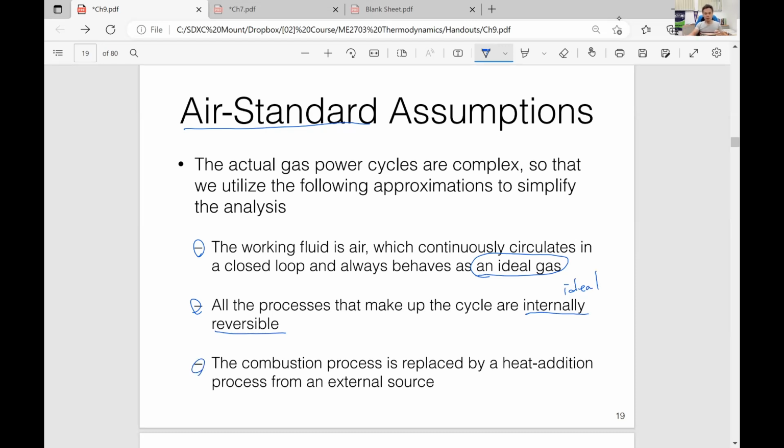The combustion process is replaced by a heat addition process from an external source. We don't deal with the combustion because combustion is complicated, but we know the purpose of the combustion process is to supply some energy to the system. So we just replace it with a simple heat addition process.